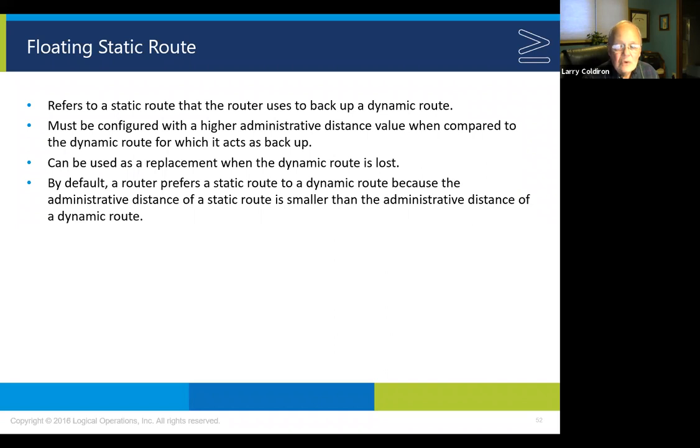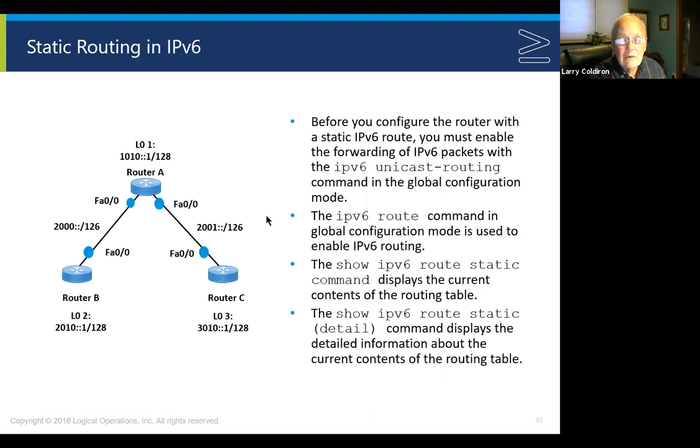So if you do this, you've got to set the administrative distance above what the routing protocol is that you're using. If we were using EIGRP with a 90, we may set it at 100 or 95 or whatever we wanted it to be, so that it didn't take over from the dynamic routing protocol. This is a backup. Something happens to the dynamic routing protocol, the floating static is there available to take over. Back up a dynamic route.